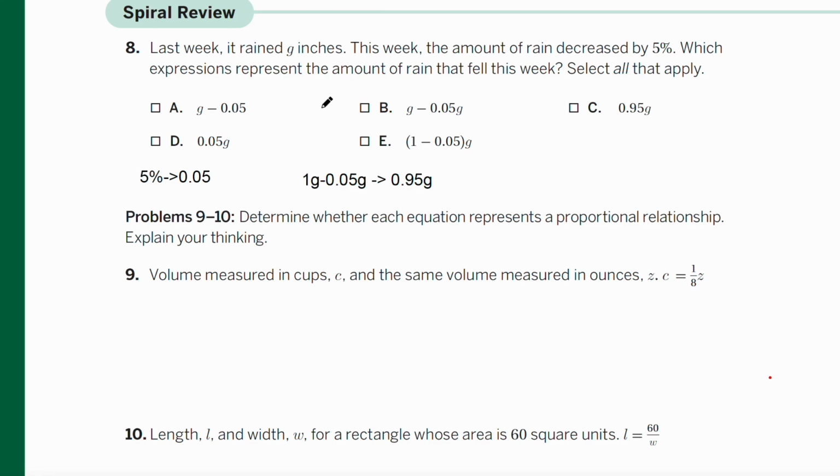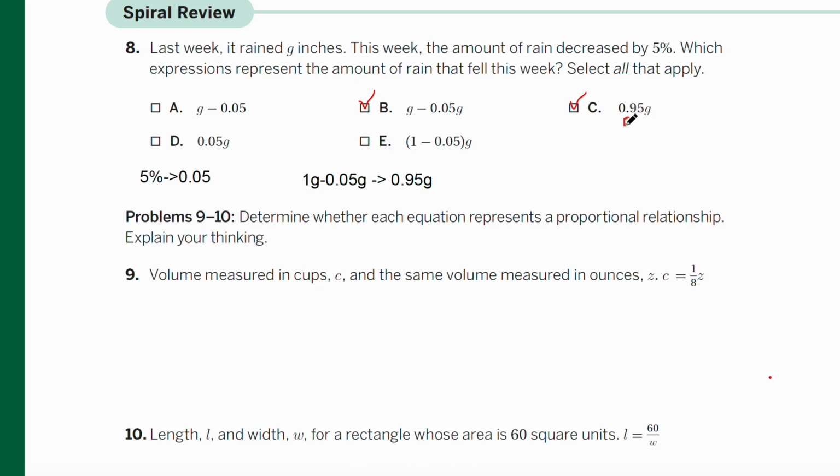B says G minus 0.05 G. Well, this is exactly what we came up with here in our original equation. So that one matches. C says 0.95 G. Well, that's this part that we came up with when we subtracted the 1 minus the 0.05. We got 0.95 G. So that one works as well.